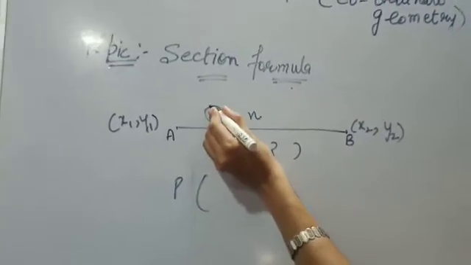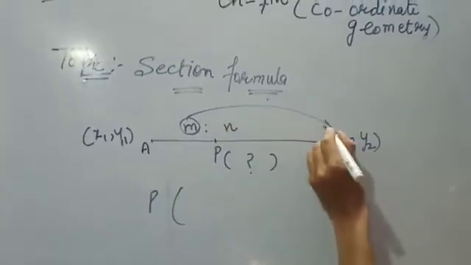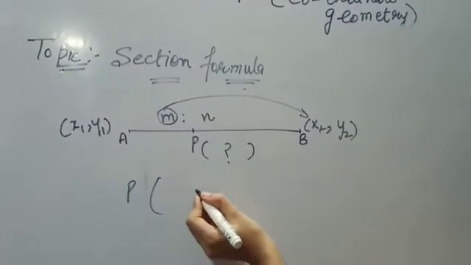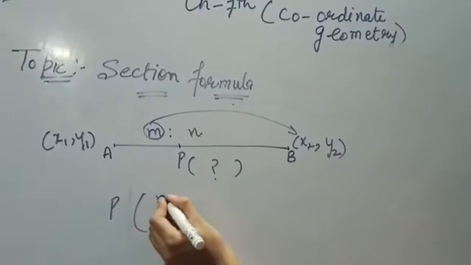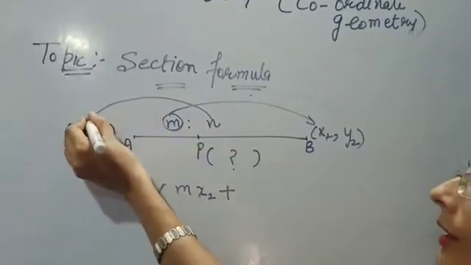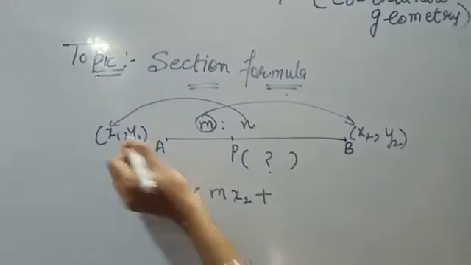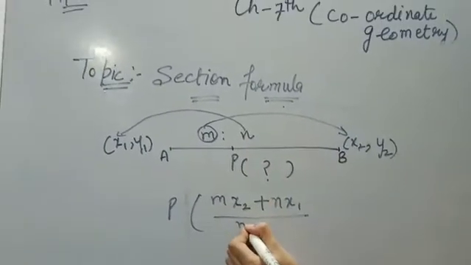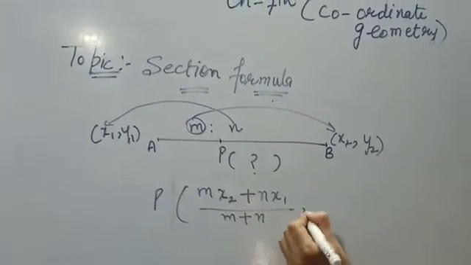The first part of the ratio is multiplied by the abscissa of B. So to find the abscissa of P, we multiply m by x2, plus n by x1, the abscissa of A, that is mx2 plus nx1, upon the sum of the ratios, m plus n.